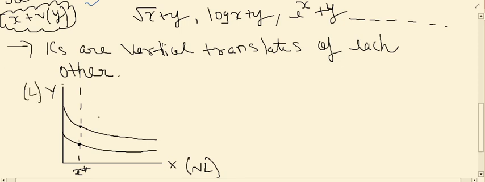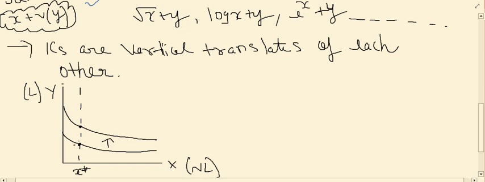Now as income is increasing, we will be moving on to higher and higher ICs. But you can notice that we are not changing the consumption of good X, which is the non-linear good, until the income reaches some fixed range.